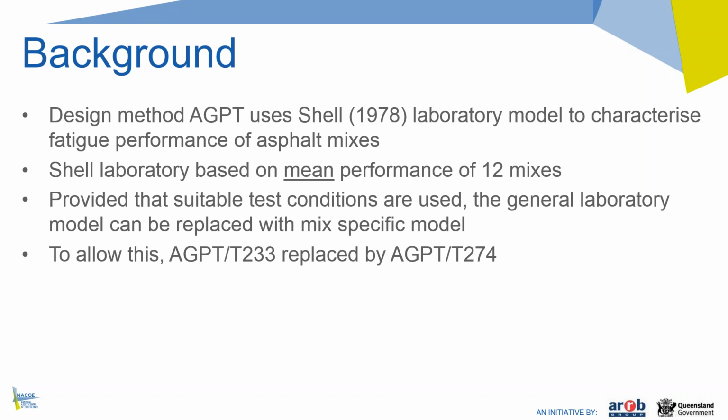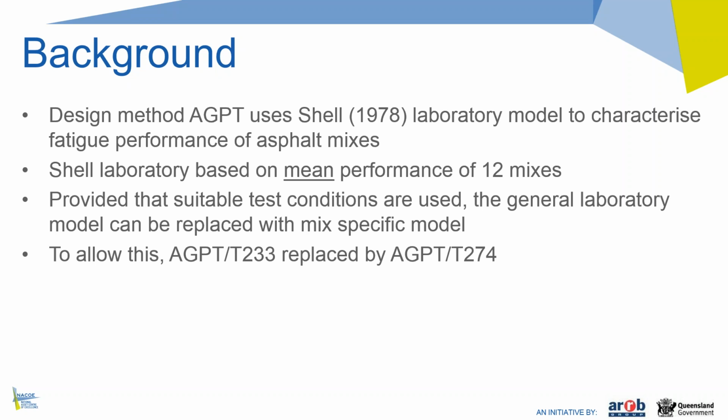To allow that, and this goes back to that Haversine issue that David just raised, we need to replace the AGPT T233 with the AGPT T274. The difference between the two is that T233 was based on an American test method where they use Haversine, which works perfectly well within their design system.